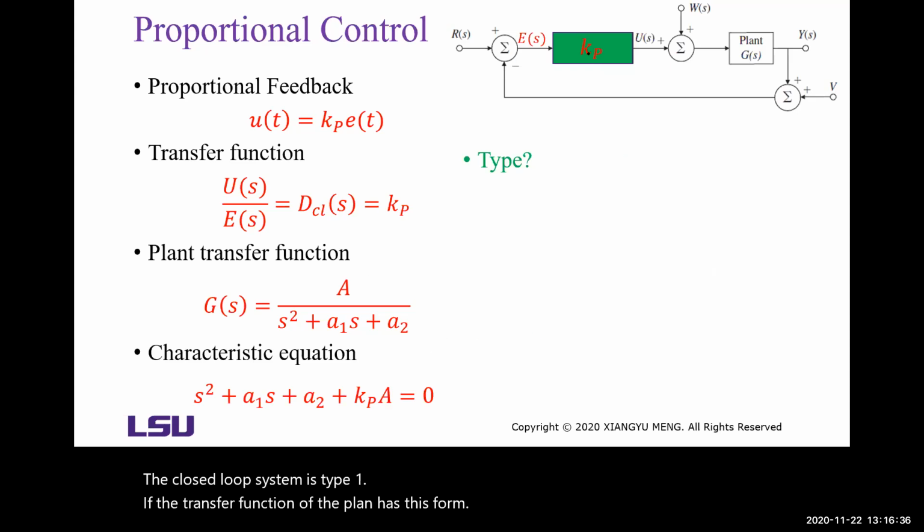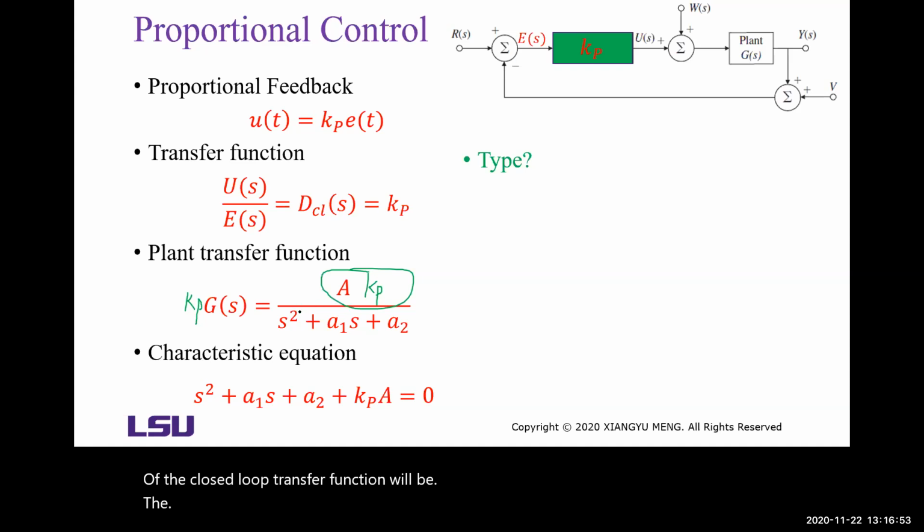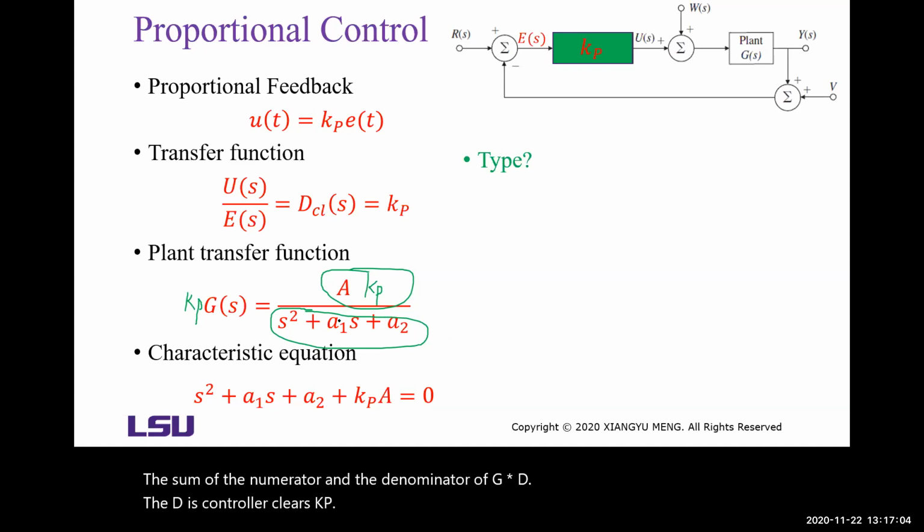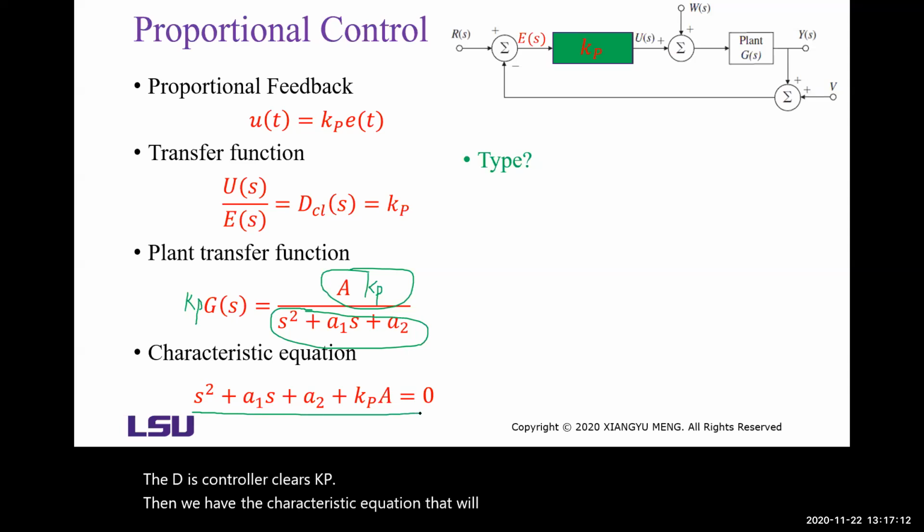Then we know in the unity feedback, the denominator of the closed loop transfer function will be the sum of the numerator and the denominator of G times D. D is the controller, here is Kp. Then we have the characteristic equation, which is the denominator of the closed loop transfer function.